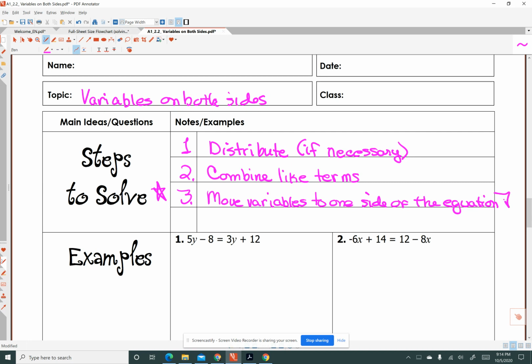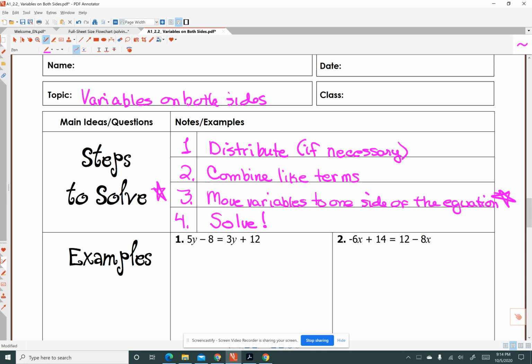So that's an important step we want to keep in mind. And then, of course, as always, we will use all the tools in our algebra toolbox, inverse operations, and etc., to solve the equation. So let's get started with our first two equations.